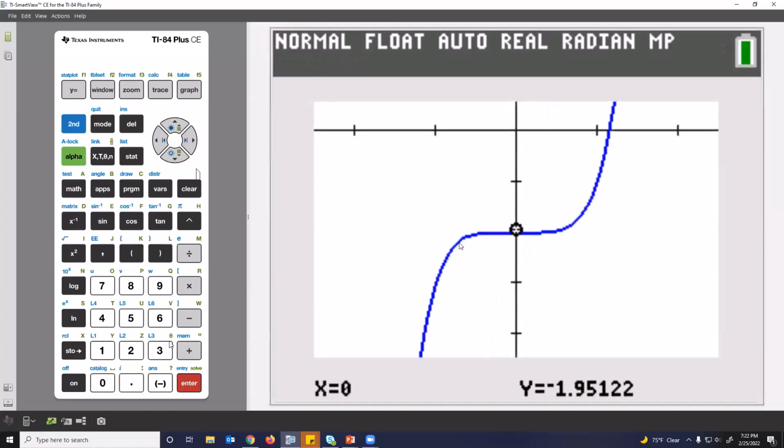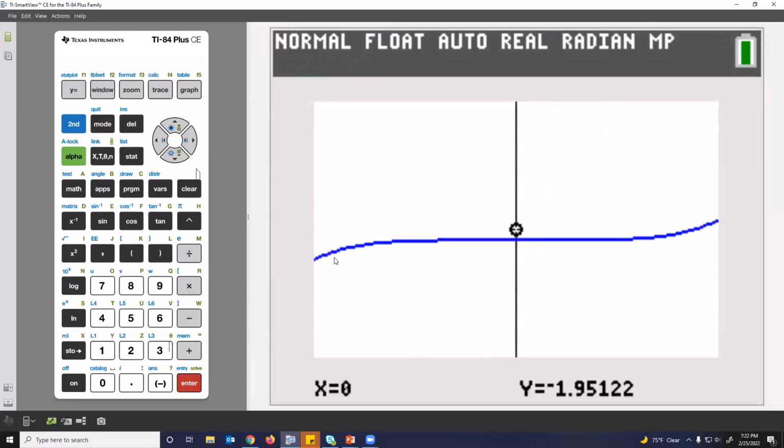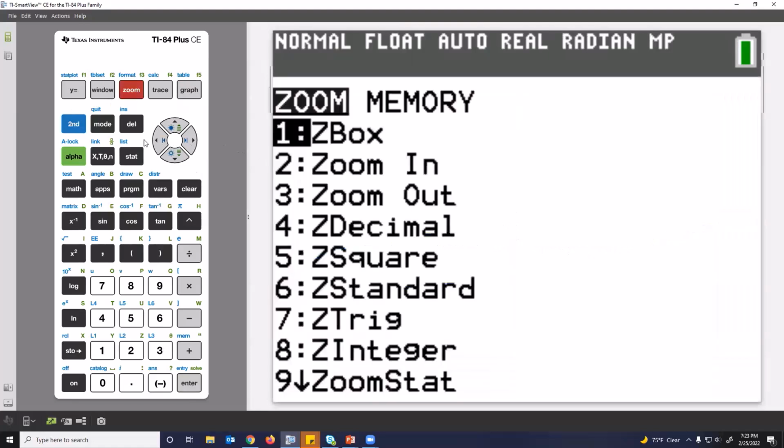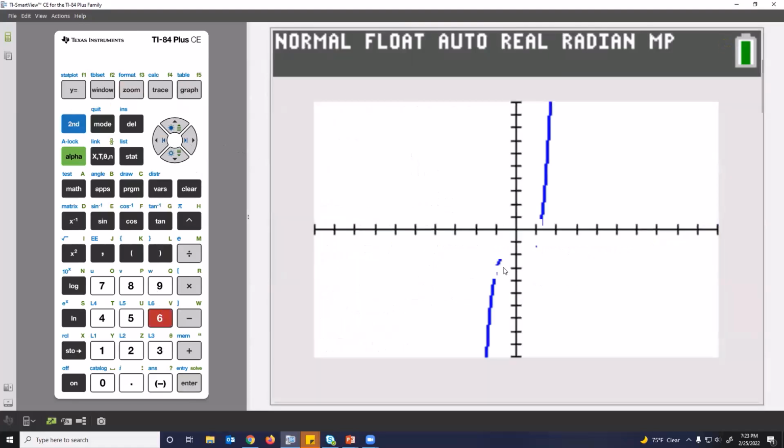And as you can see, it looks like a straight line, but these are just tiny, tiny point movements. As I keep going closer, this little part right here gets smaller and smaller being straight. It's not that it's straight for a very long time, okay? The calculator just cannot show that very small, tiny movement very easily at all, okay?